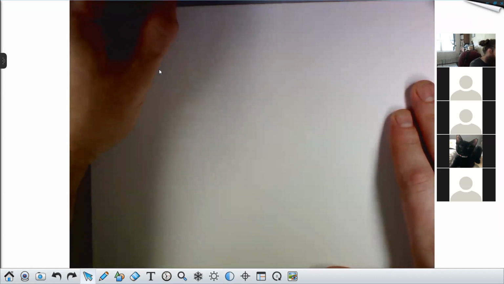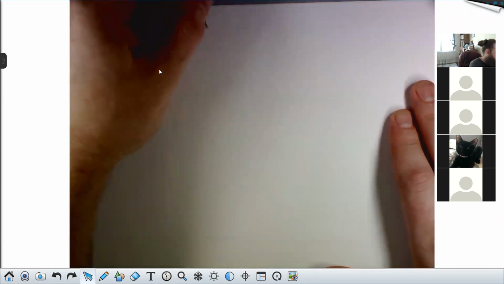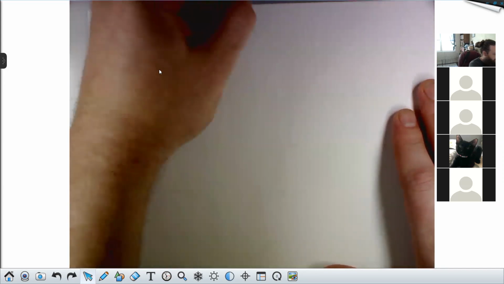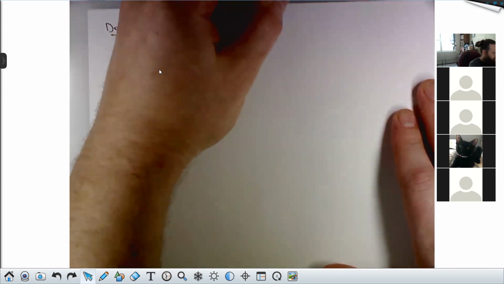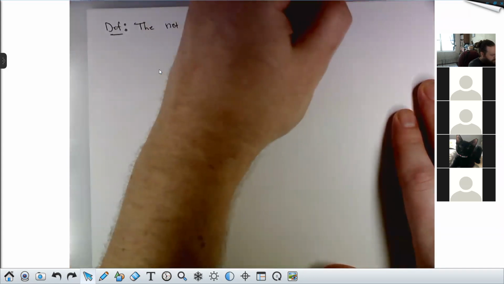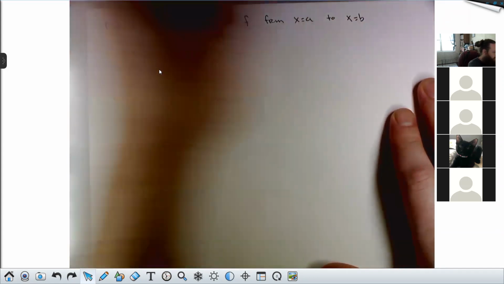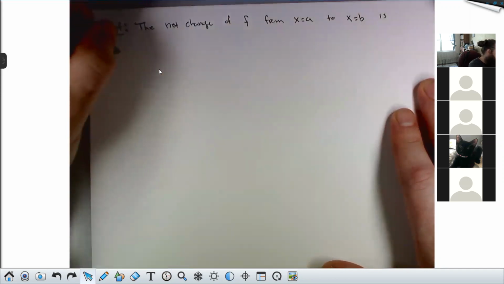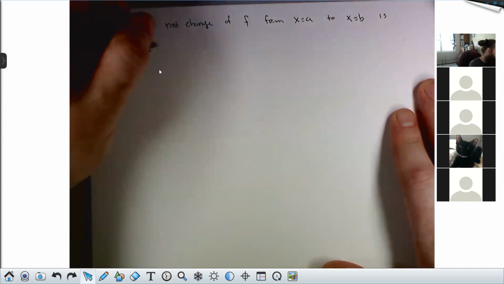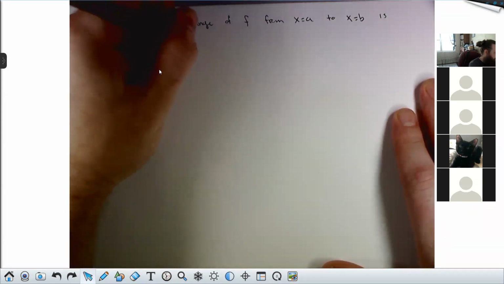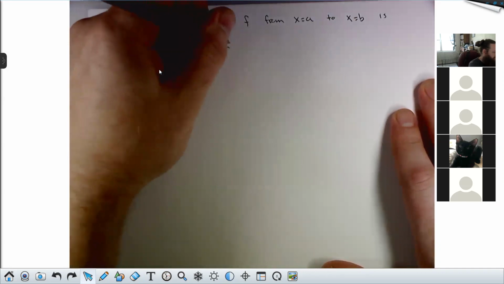The last thing I want to talk with you about today is this concept called net change. So given a function f, the net change of the function f from x equals a to x equals b is defined to be just f of b minus f of a.